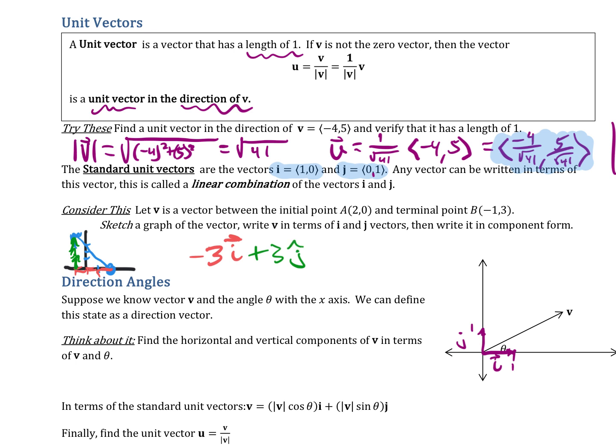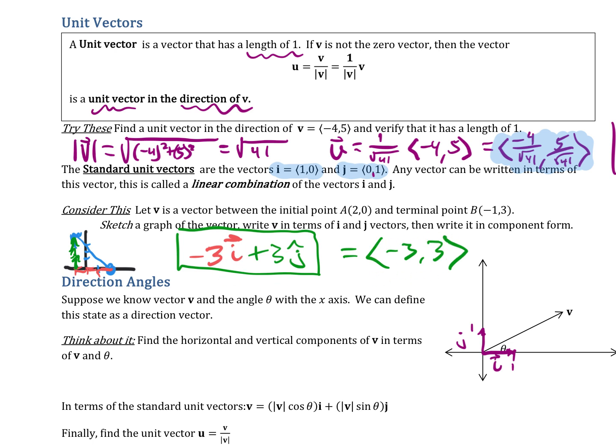And so this is what we call standard form, or written with standard unit vectors. Well, this is the same as negative 3, comma 3. All right? So the power here is this. It just kind of looks like an algebraic expression. This is kind of like coordinates. And when we work with them, we can kind of use algebra when we use standard vectors, standard form, I should say.